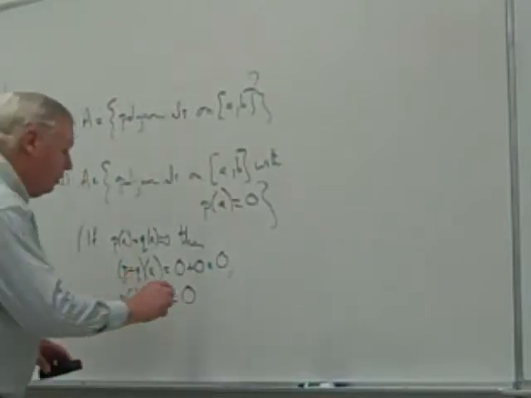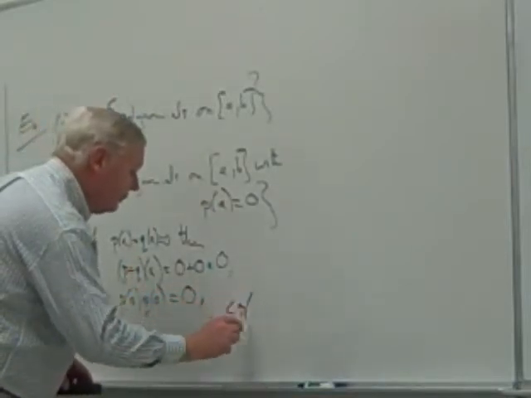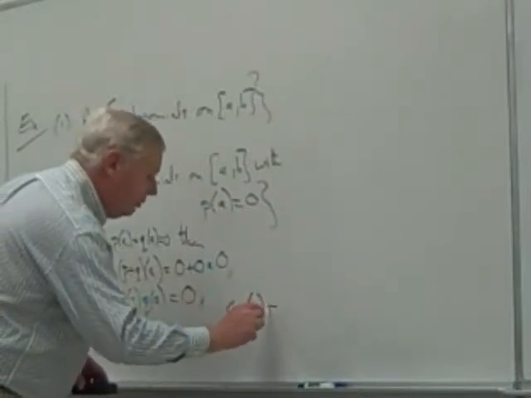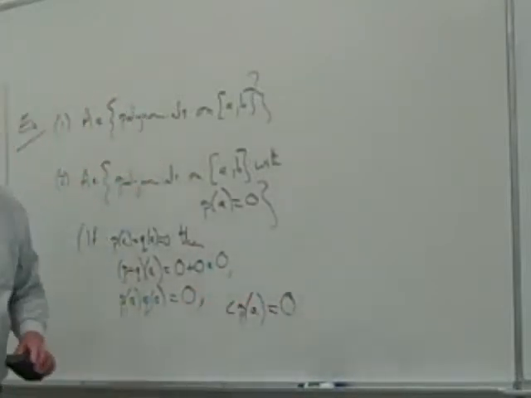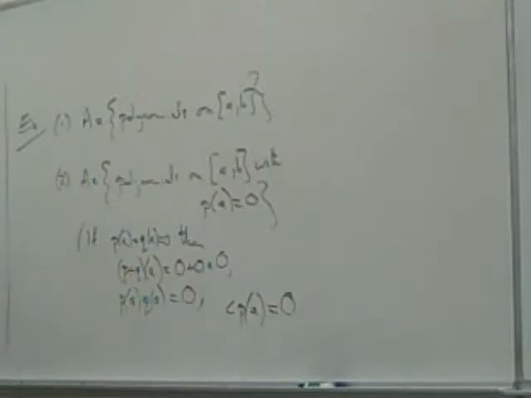And also c times p of a will be 0. So these are all polynomials, and all the operations of adding, scalar multiplying, and multiplying two of these polynomials together will preserve the condition of being 0 at the point a. So this is an example of an algebra of polynomials. It's strictly smaller than all polynomials because it doesn't have the constant function 1 in it.